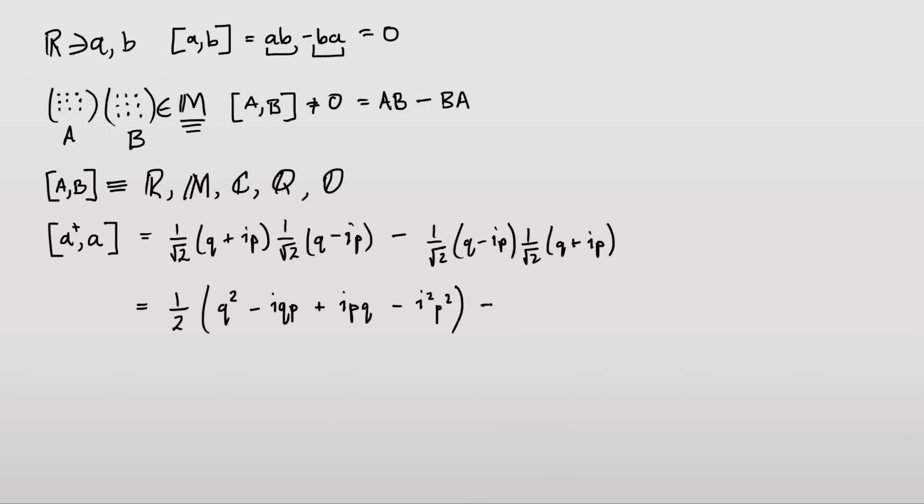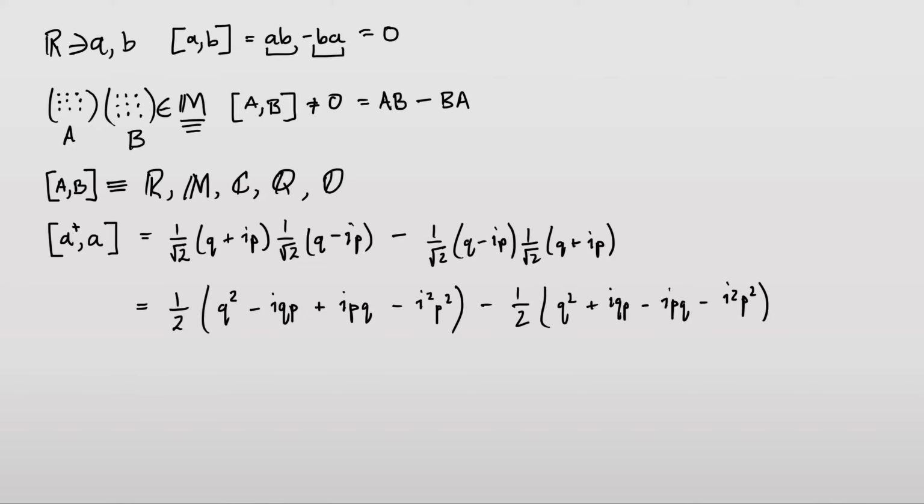And then on this side, we're going to have 1 over 2 times q squared plus I qp minus I pq minus I squared p squared.